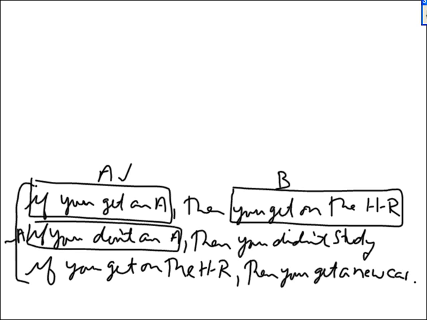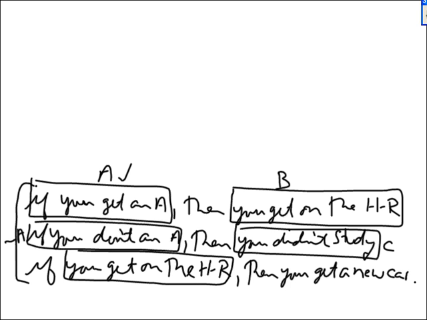So we don't have anything that says you do study. So let's just call that the next letter in order, C. Now, the next one is you get on the honor roll, but we've already said that was letter B. And you getting a car we haven't mentioned yet, so the next letter in order is D.